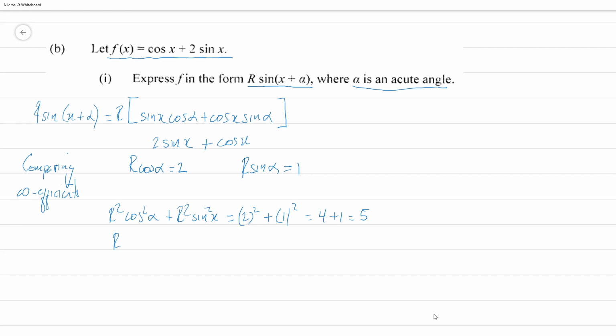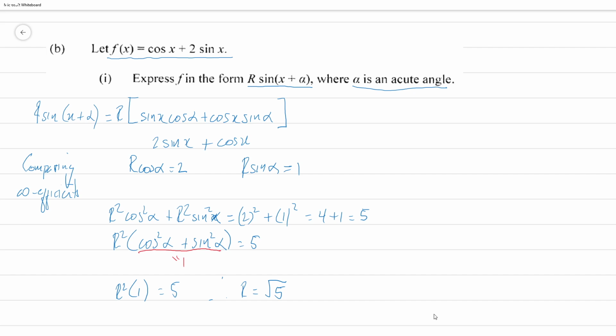If you want, we could factorize out r squared, and you're going to get cos squared alpha plus sine squared alpha, this is an alpha, equal to 5. And of course, you know that cos squared alpha plus sine squared alpha is equal to 1 from the identity. Cos squared plus sine squared is equal to 1. So this is going to leave you with r squared by 1 is 5. Therefore, r is equal to the square root of 5.